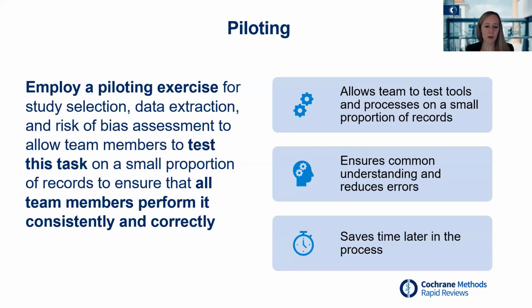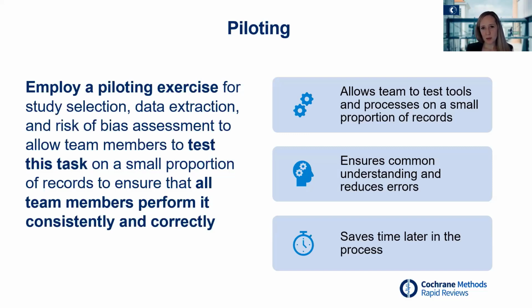And how does this piloting work? So usually, for example, if you pilot the study selection on title and abstract level, you choose 50 or 100 abstracts. It depends a little bit on the amount of records that you identified within your search. And then all people who will participate in study selection screen the same abstracts.